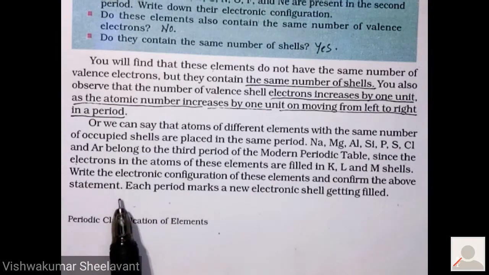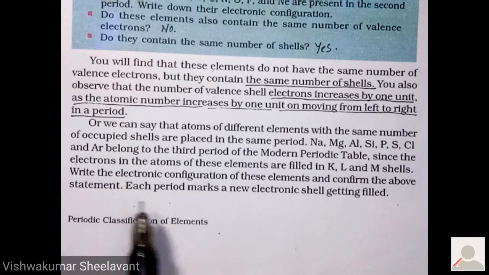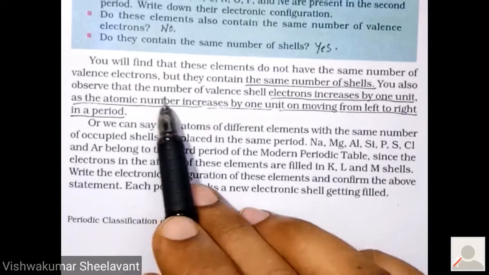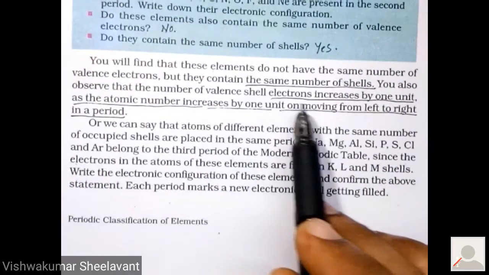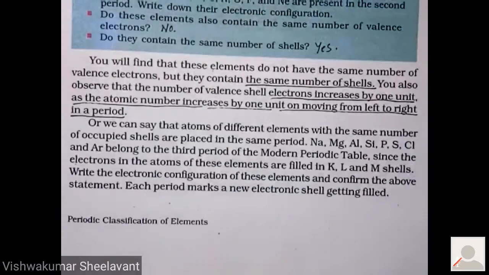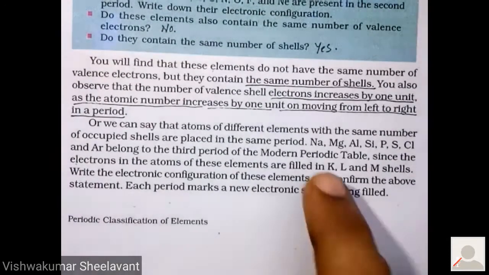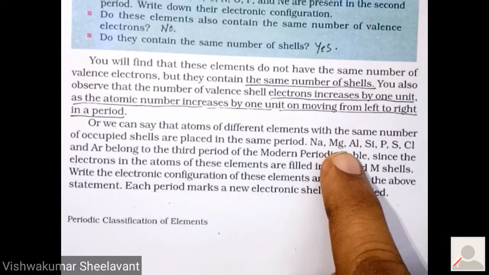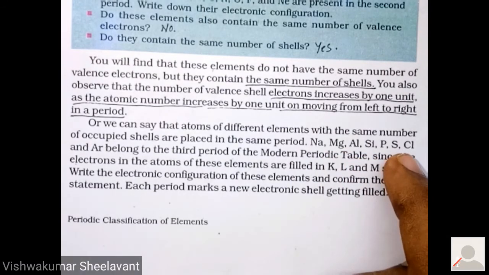Confirm the above statement means what? You have to confirm that the number of valence shell electrons increases by 1 unit. This is what you have to confirm. I will show it for 2 elements. Remaining elements you have to take as homework. You can do that easily.